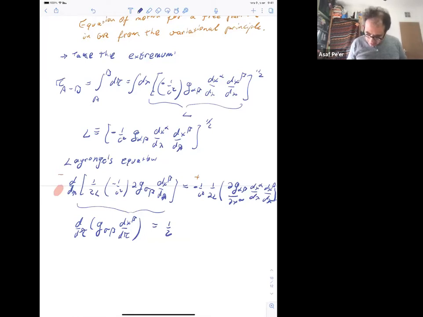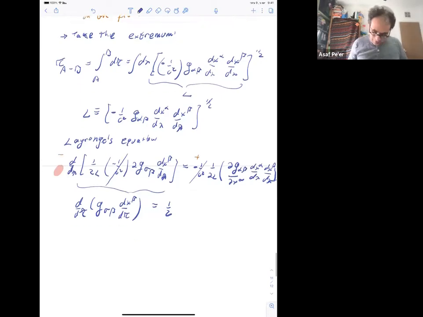So the minus 1 over c squared, the 2 and the minus c squared: the 2 is left, the c squared and the c squared cancel out, that's okay. The 1 over L is d tau over d lambda.